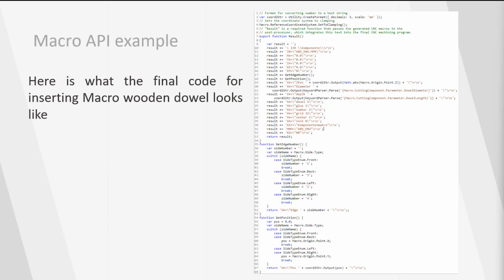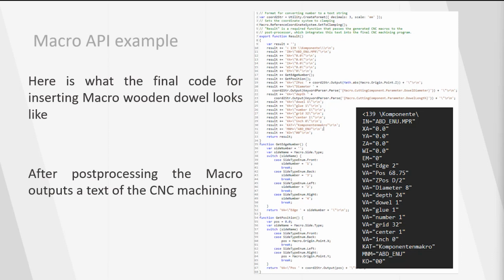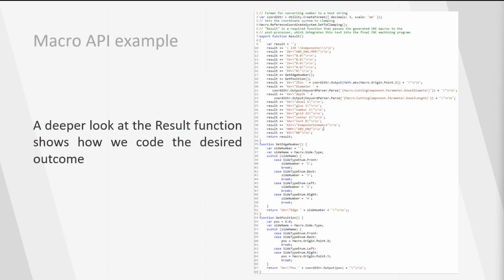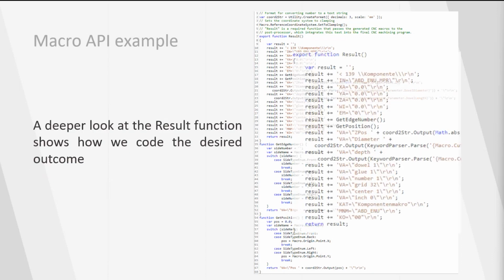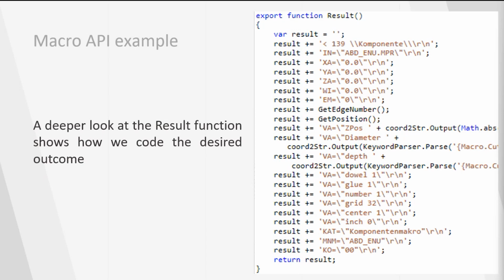Not so much. But after processing, the macro outputs a text of the CNC machining. A deep look at the result function shows how we code the desired outcome. In short, it is essentially collecting the necessary data into a single string.